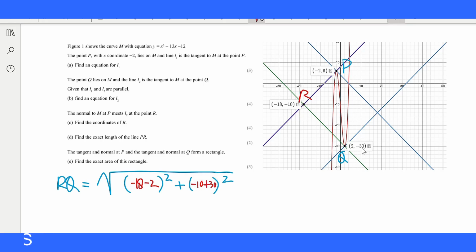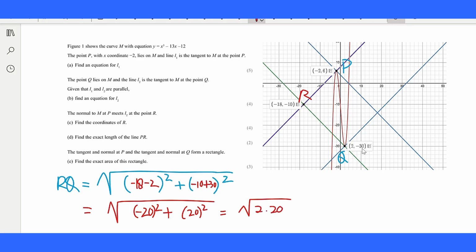Then we rearrange and simplify this, so we get negative 20 squared plus negative 20 squared. It's the same as root of 2 times 20 squared, because the negative of the square is also positive. Now we can take out the root 2, and the square and square root cancel out, so 20. So we get 20 root 2.